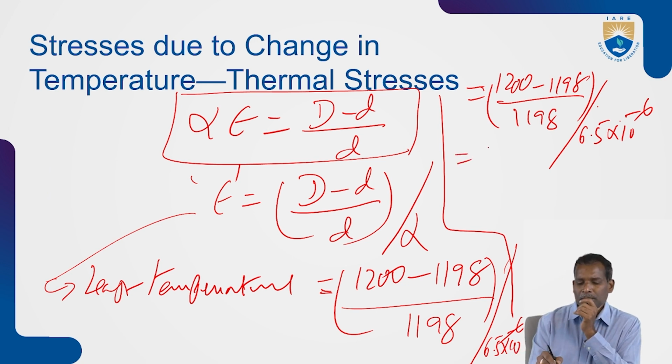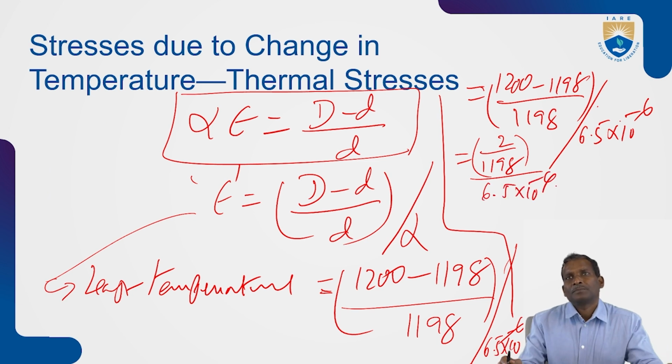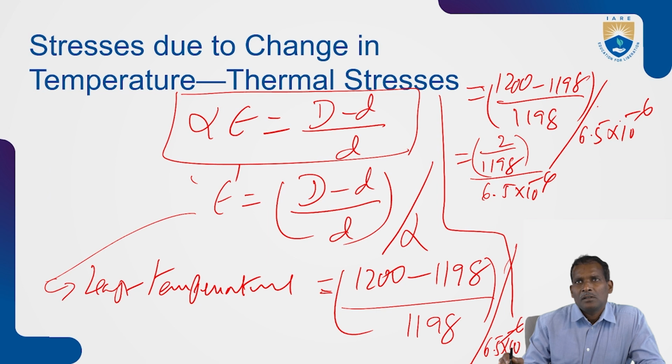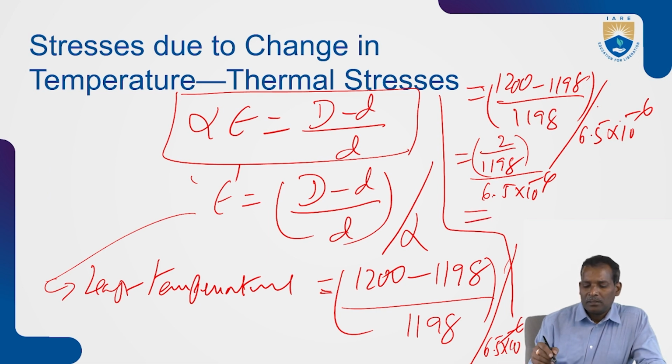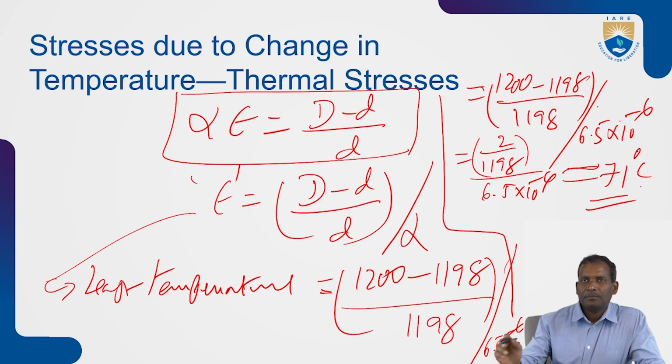So approximately 2 by 1198 mm divided by 6.5 into 10 to the power minus 6. So simplify this equation, and after determining, you will get approximately this value, 71 degrees centigrade.